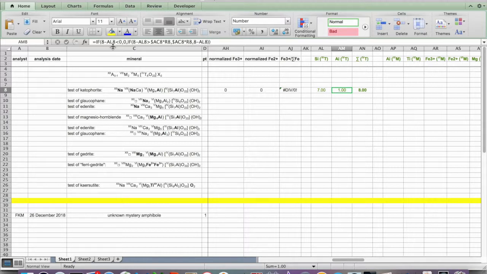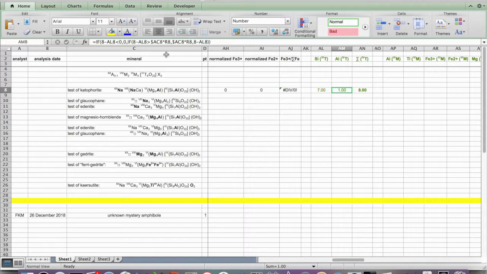We subtracted out the amount of cations that were already filled up, which in this case was the 7 for silicon, and then we did the insurance policy that we just did a moment ago again with the iron 3+ to ensure that no values for aluminum in this case would be less than 0 or greater than the amount of aluminum present.